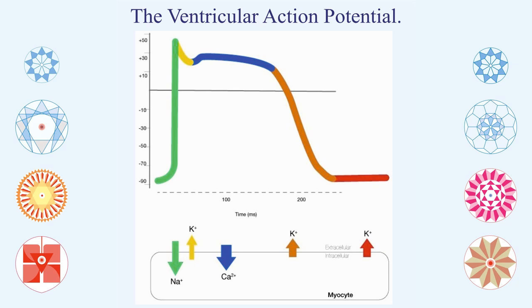Green represents sodium going inside the myocytes or cardiac cells from extracellular to intracellular. The yellow portion is the outflow of potassium from myocytes to the extracellular fluid, a small gradual thing which comes.